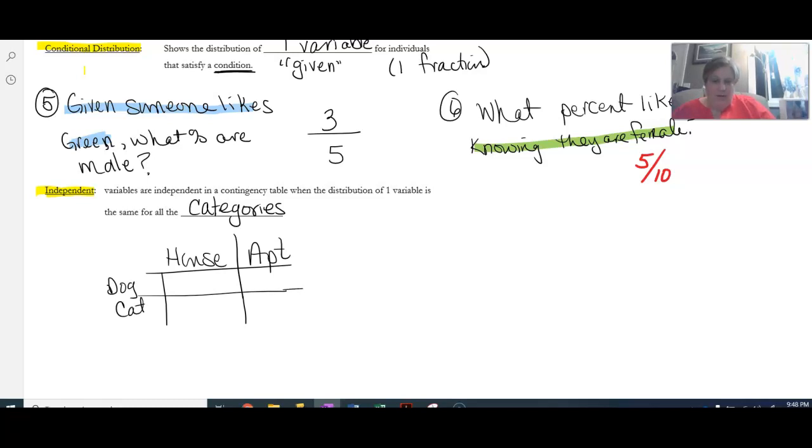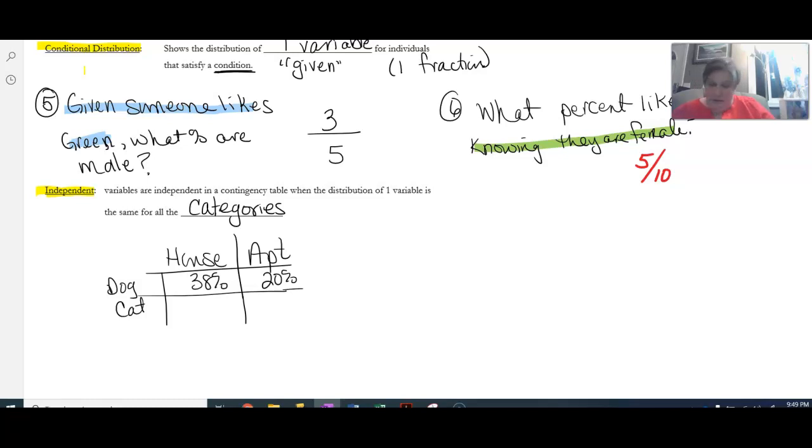So when I do the percents, let's say the dogs is 38% in house and 20% in apartment. If having a dog was independent of the type of building you lived in, these two things would be the same. They're not the same. So having a dog and what kind of house you live in is not independent.